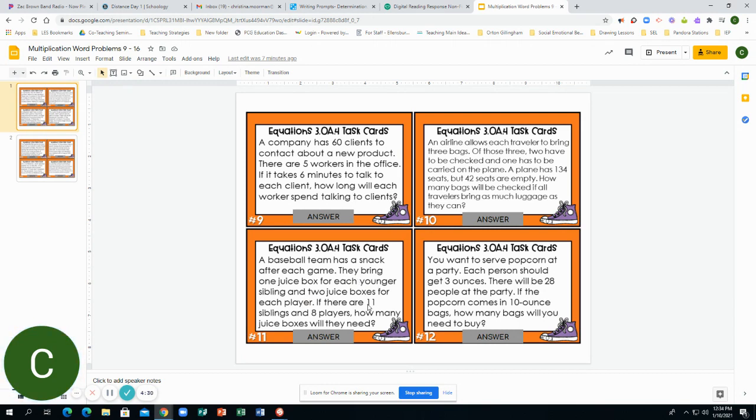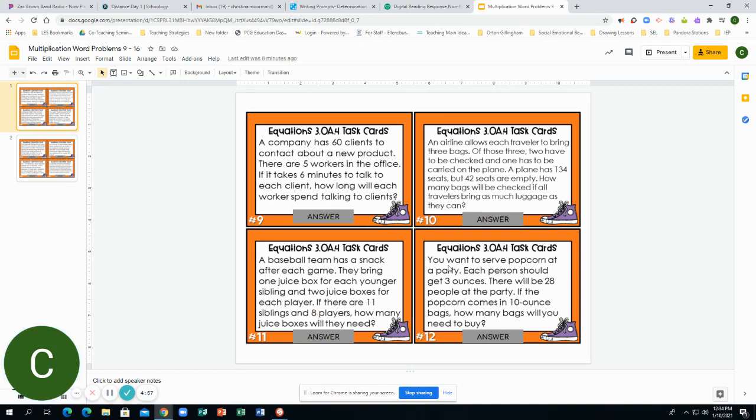So how many juice boxes are there for siblings? Pause and solve. And each player gets 2 juice boxes, and there are 8 players. Pause and solve. Now add those numbers of juice boxes together, and you'll have your answer. Pause and solve.